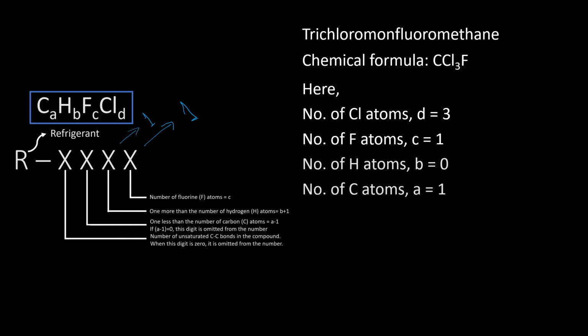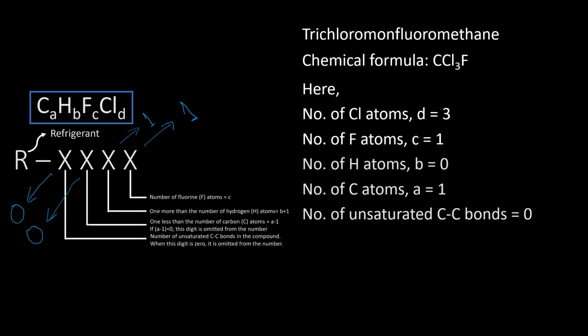In this compound there is 1 carbon atom, so the third digit from the right becomes 0 and will be omitted from the number. This compound also has no carbon-carbon unsaturated bond, so the fourth digit from the right is also 0 and will be omitted. Hence, the identifying number for the compound is R11.